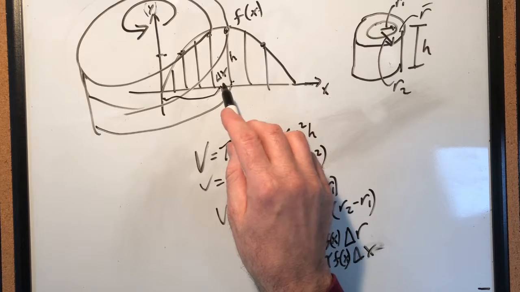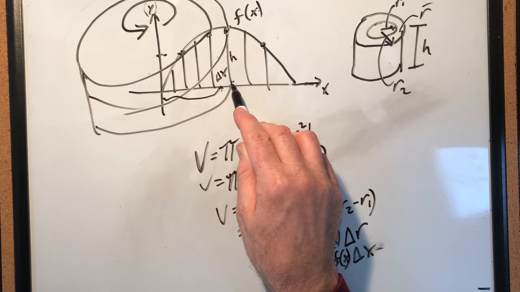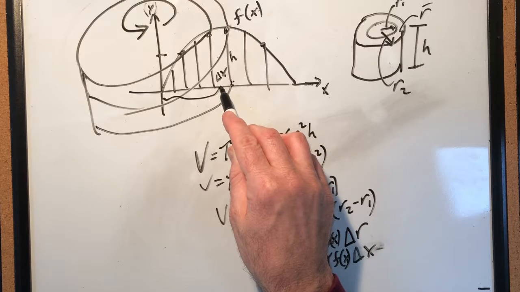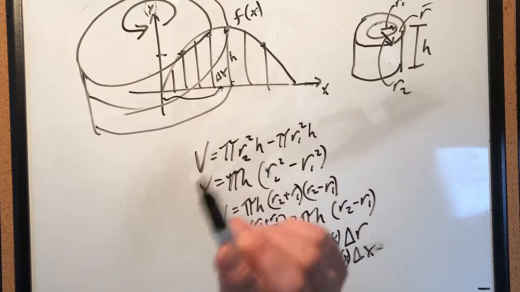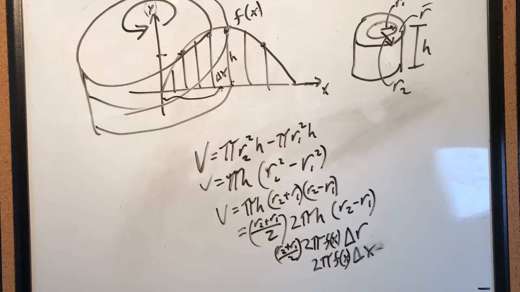Rather than honing in on this being my x, we hone in on the middle of that donut right there. So this is essentially going to be r, or it'll essentially be x.